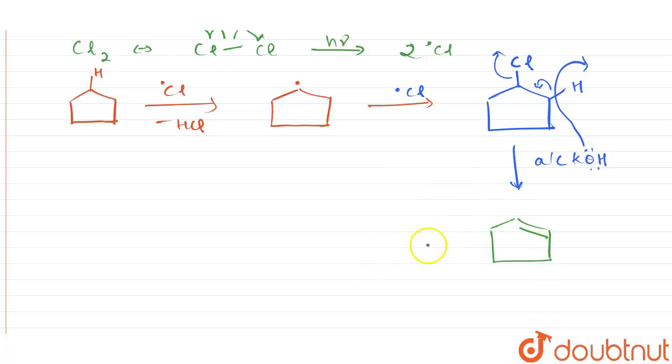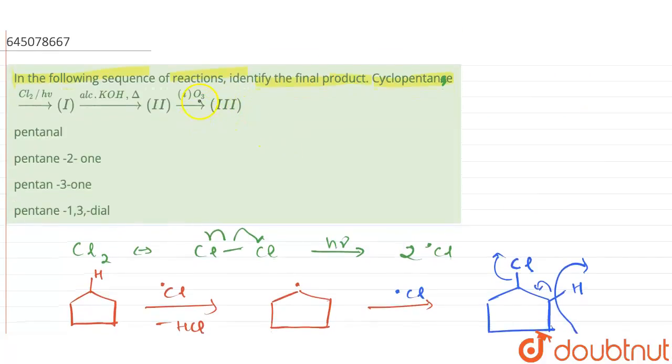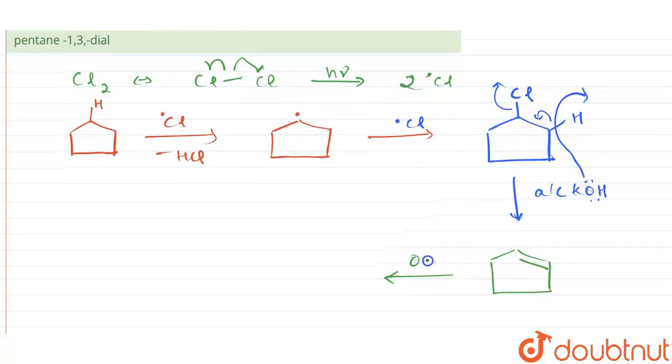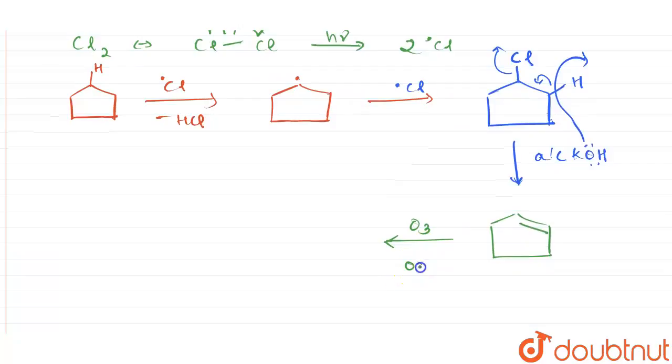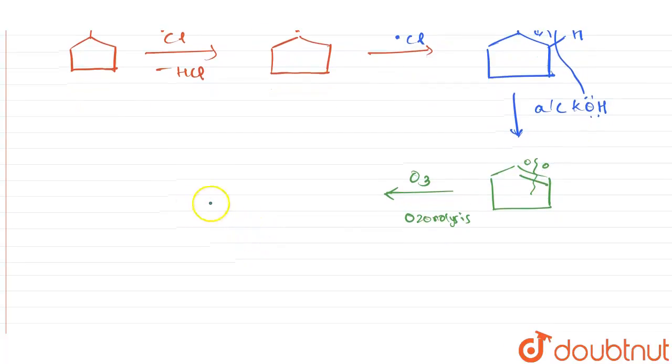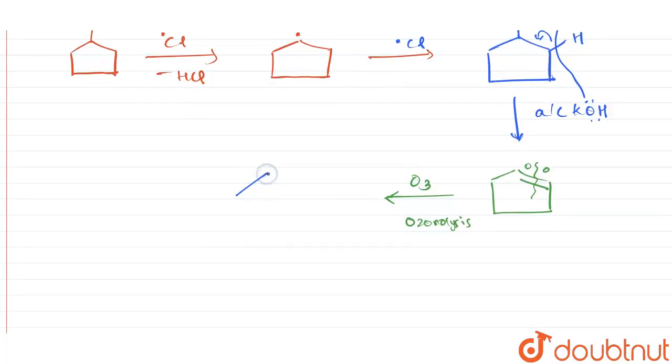Now after this, if you see the reaction, we are treating this with ozone. So ozone means ozonolysis. And what do we do in ozonolysis? We just cleave this double bond and add oxygen and oxygen at the double bonds. So the final structure of the molecule is going to somewhat look like this. Here we will have a double bond of oxygen to this hydrogen is there connected.